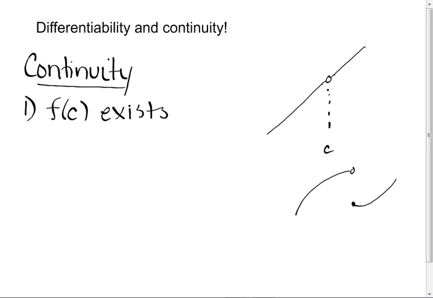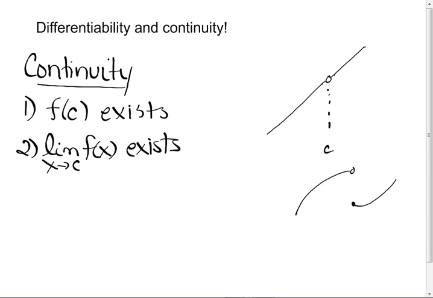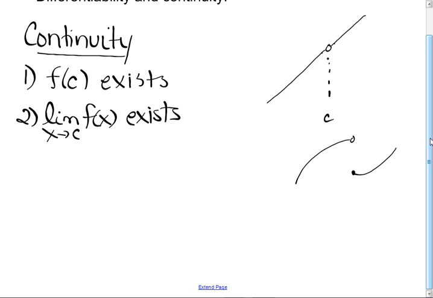What's the problem with this in terms of limits? Oh, the limit from the left is not equal. The limit doesn't exist because the limit from the left is not equal to the limit from the right. So the limit as x approaches c of f of x exists. In fact, let's even write that down because that's exactly what they're going to look for. In 2012, I know they did.